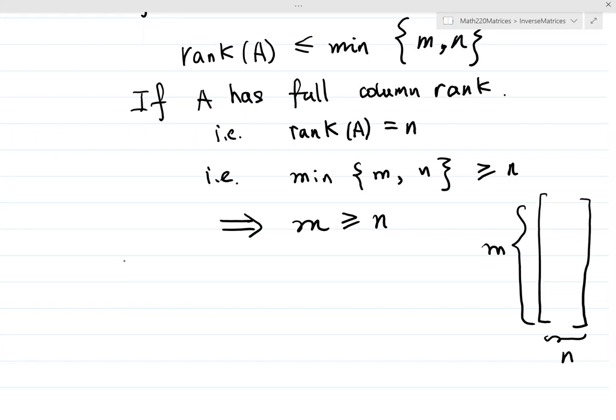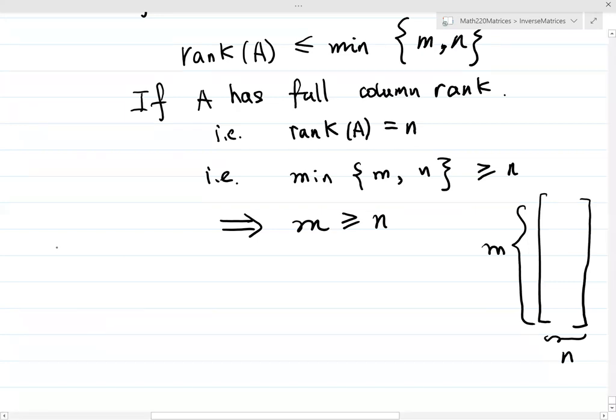The dimension of the row space and the dimension of the column space are the same. Although we haven't proved it yet, this is the fact. Now A has rank n.